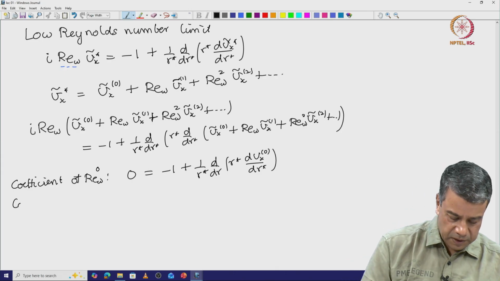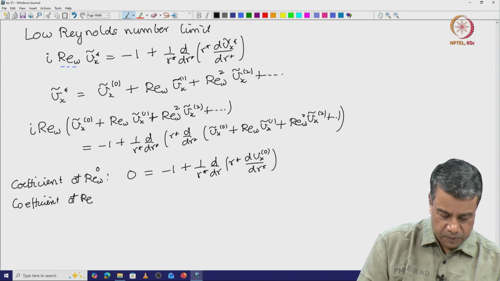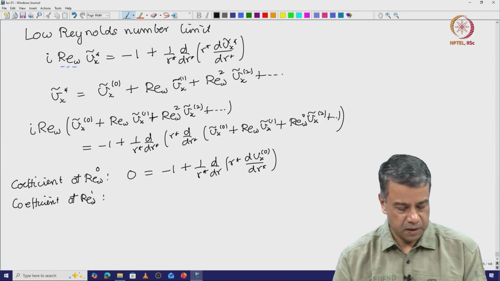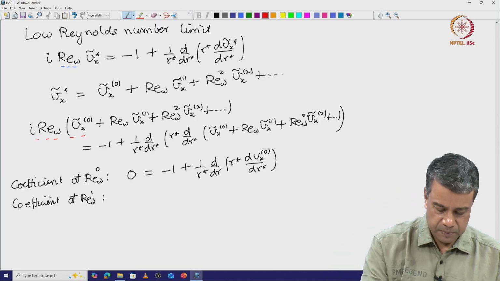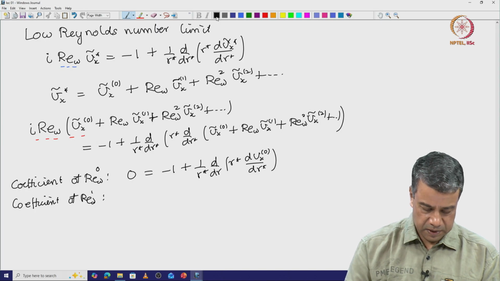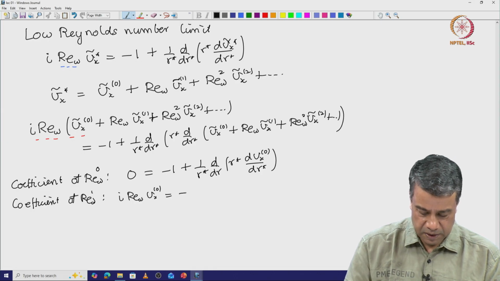Next, the coefficient of Re omega power 1. On the left side, the coefficient of Re omega power 1 is Vx naught. So, I will get I Re omega Vx naught is equal to minus 1.